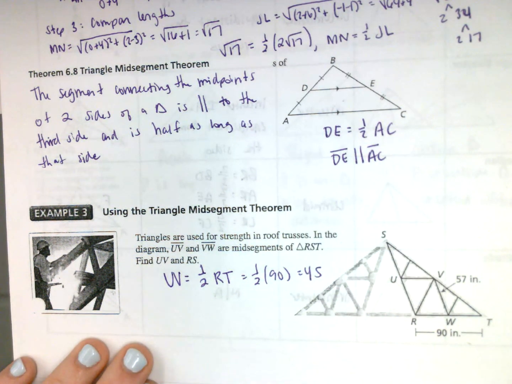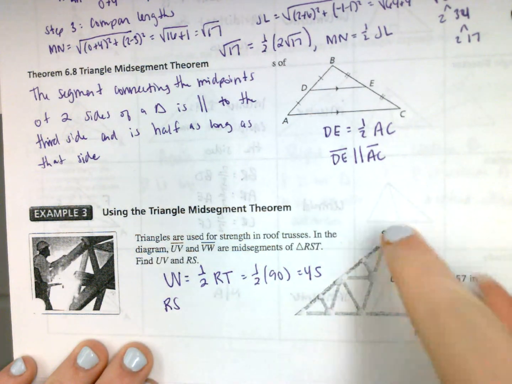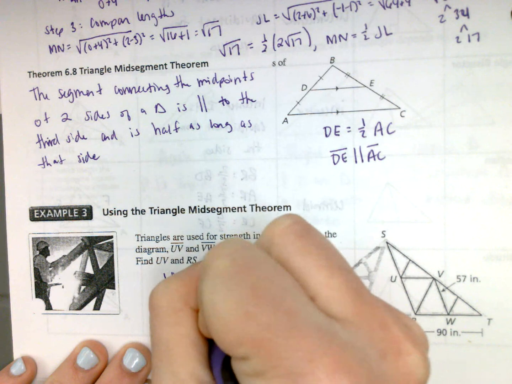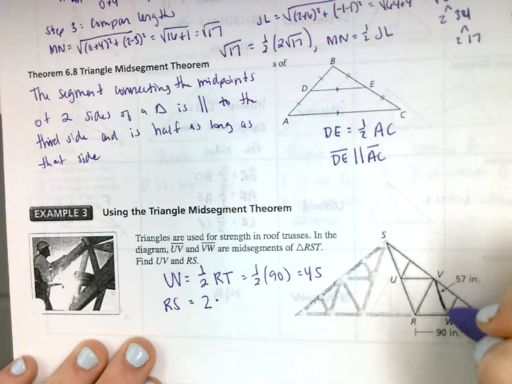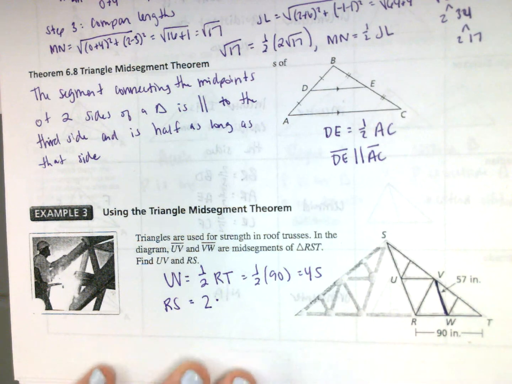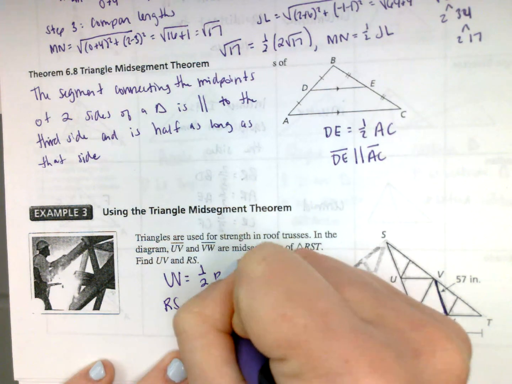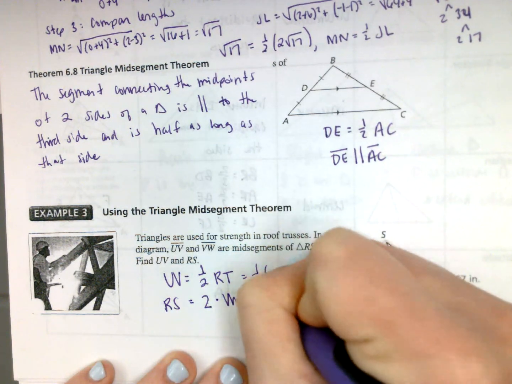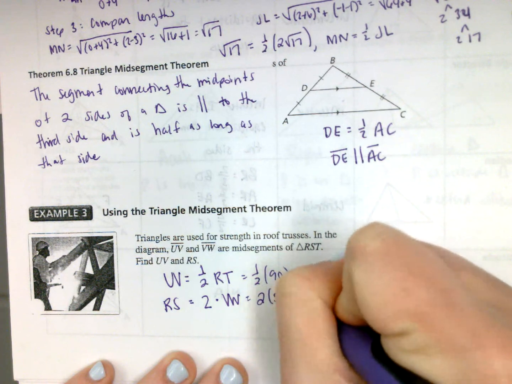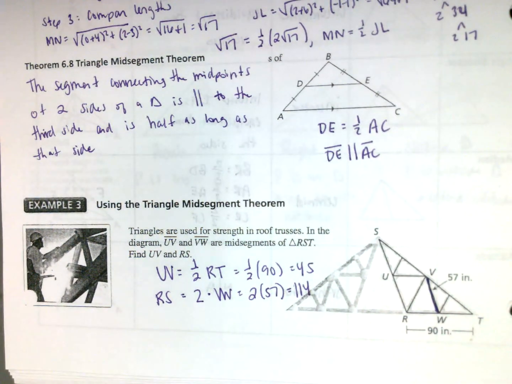And then RS, R to S, I know is equal to 2 times BW right here, because that's its midsegment. So 2 times BW, which would be 2 times 57, and that's 114. So there are your 2 answers for example 3.